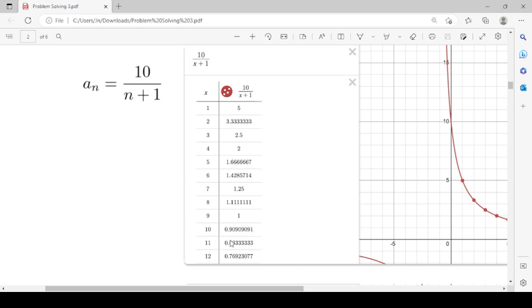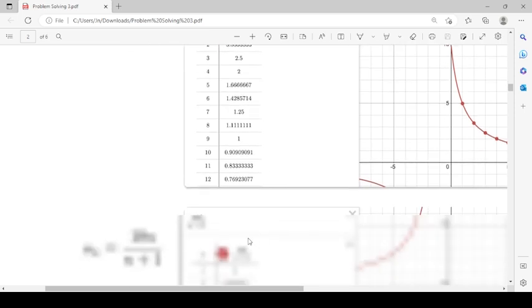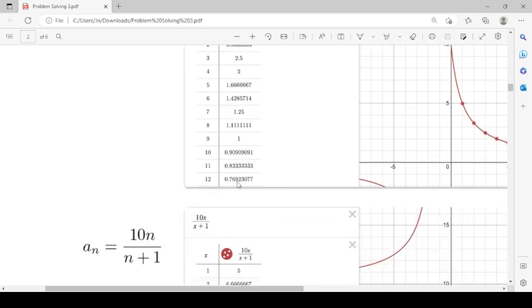If you add 11 you will get 0.83333, and so on. And if you add 12 you will get 0.76923077.